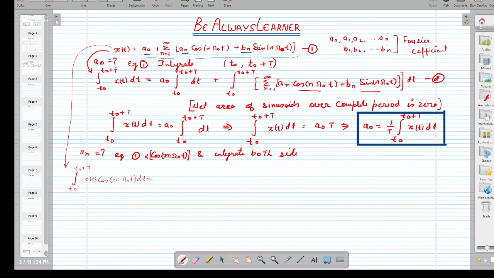Now a naught is another term, take it common, a naught, and integration with the same limit, multiplying with the cos m omega naught t with respect to dt, plus, now for the summation n is equal to 1 to infinity, take common an, and integration t naught to t naught plus capital T cos of n omega naught t cos of m omega naught t, that is a multiplier, and dt.